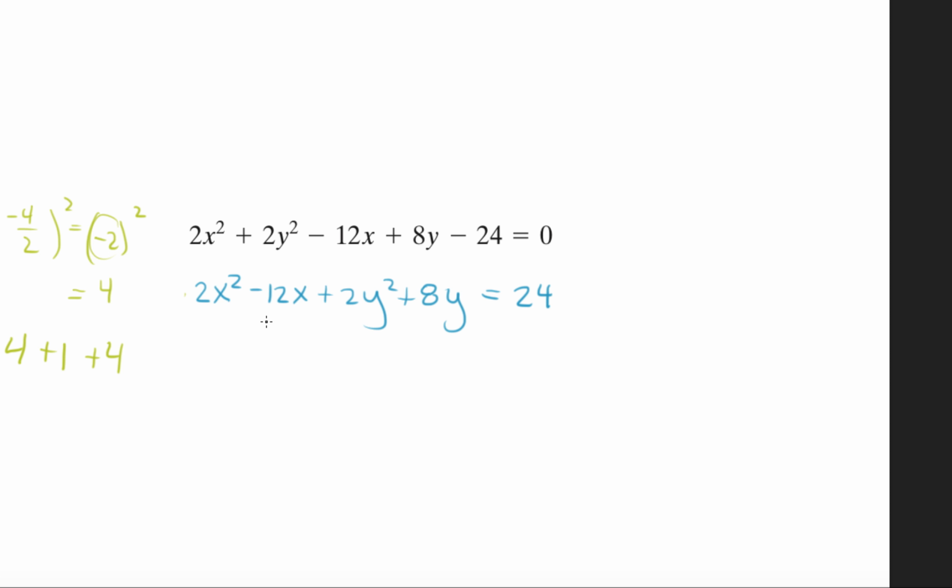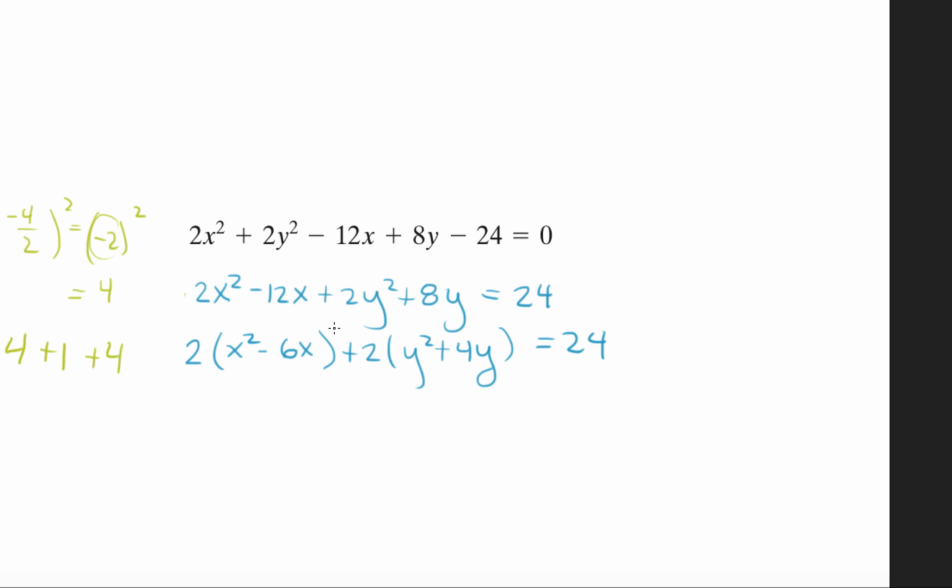Once you reorganize it, I want you to factor out the 2 for both x squared and y squared. So 2 times x squared minus 6x, 2 times y squared plus 4y equals 24.